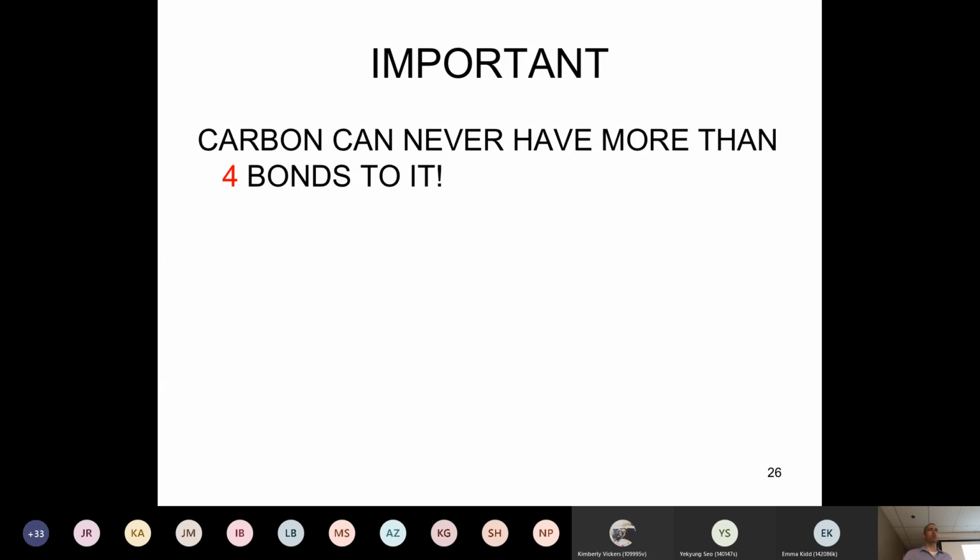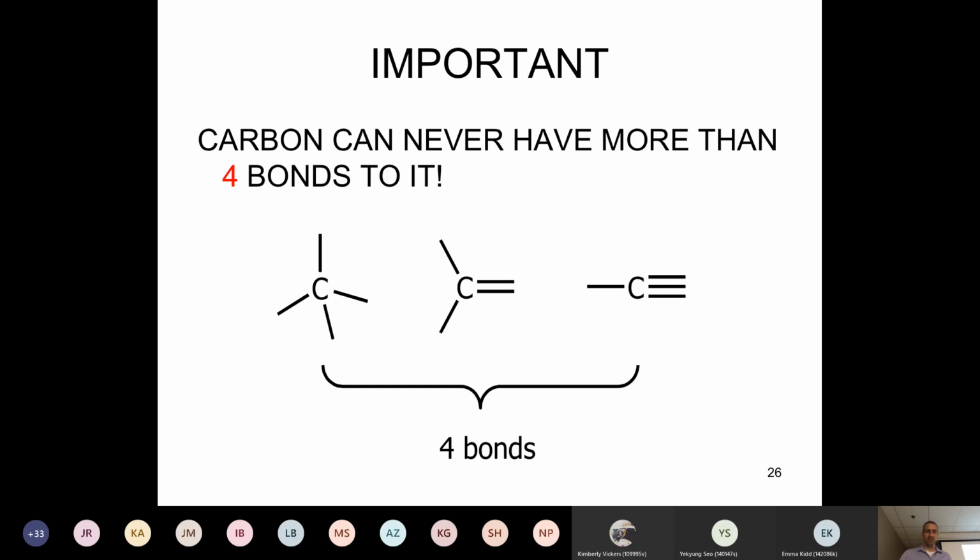Carbon's not allowed to have more than 4 bonds. It can have less than 4, and we will be looking at lots of examples where carbon has less than 4 bonds, but it can never have more than 4. We sometimes call carbon, if it has more than 4 bonds, a Texas carbon. It's kind of this idea like everything's bigger in Texas, even carbon, but it's not real. So yeah, always 4. Triple and a single, 2 doubles, a double and 2 singles, or 4 singles.